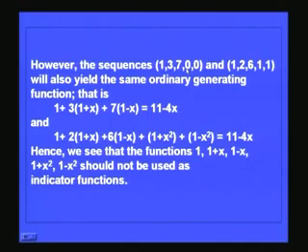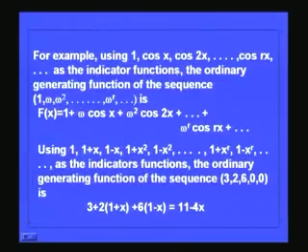Let us see what you will get here. 1 plus 3 into 1 plus x plus 7 into 1 minus x. This will reduce to 1 plus 3 plus 7, 11. 3x minus 7x will give you minus 4x. So the same 11 minus 4x you are getting, and it is representing this particular sequence as well as the earlier sequence. It also represents another sequence.